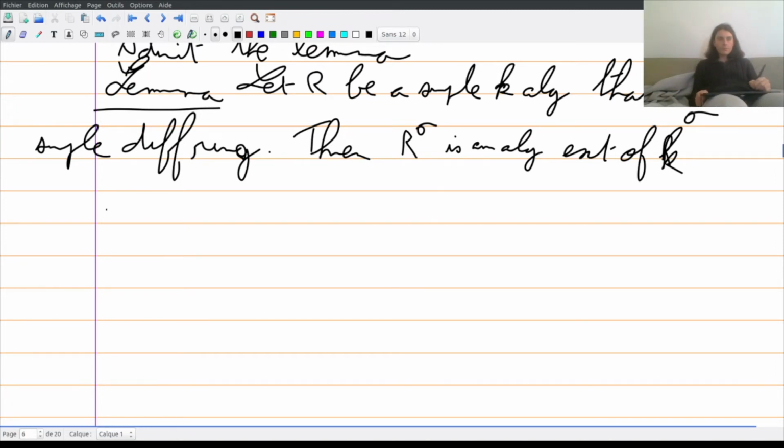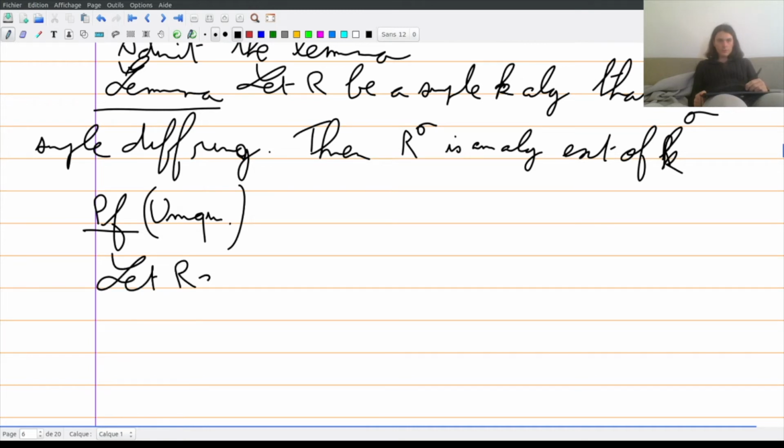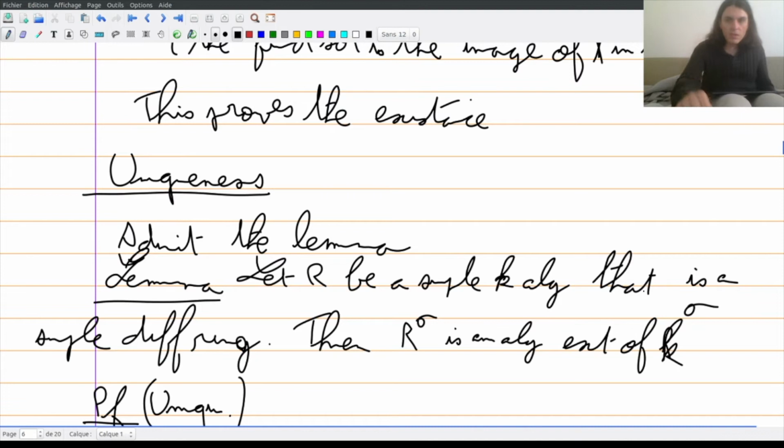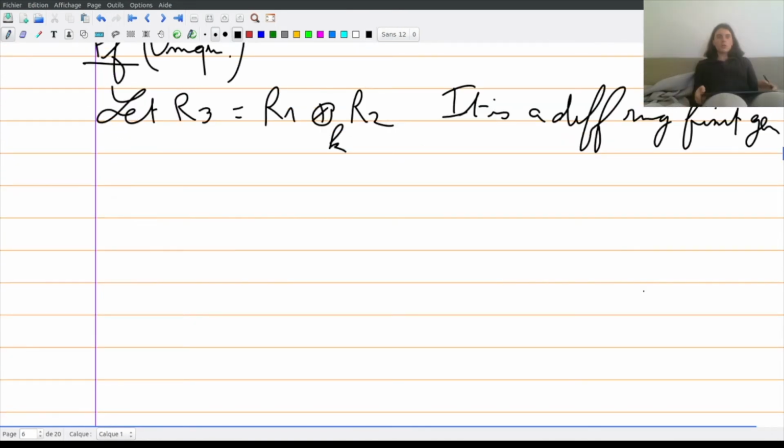So now I am able to prove the uniqueness. I consider the tensor product of R1 and R2 over K. So it is a difference ring, finitely generated. But it is not a simple difference ring.